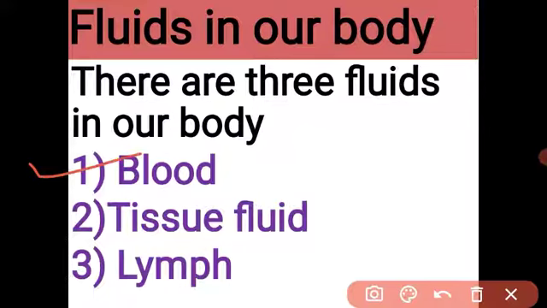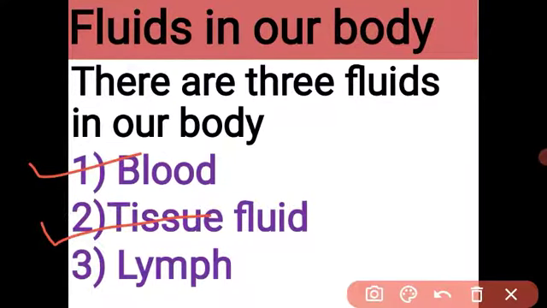Next fluid in our body is the tissue fluid. Tissue fluid means, student, the fluid which is present in between the cells of the body. It is called the tissue fluid. You know that, student, our body is made of cells, and a bunch of cells is called a tissue.